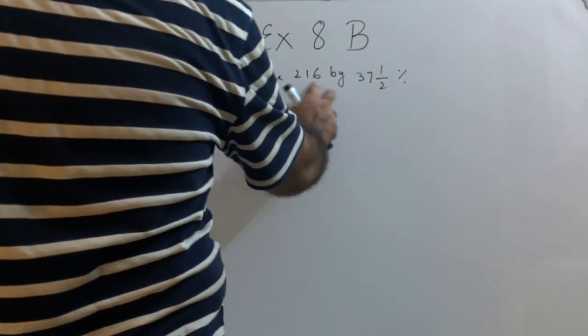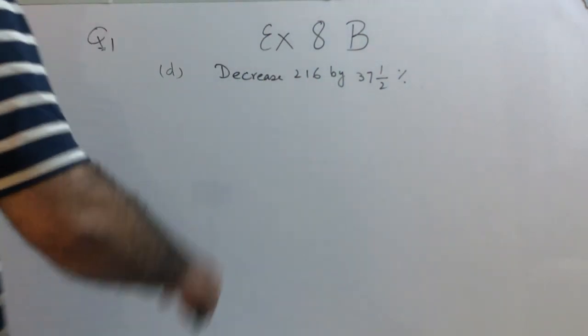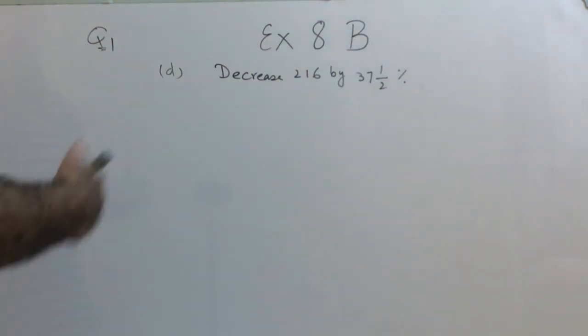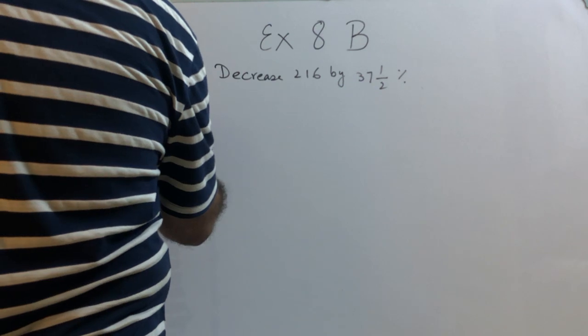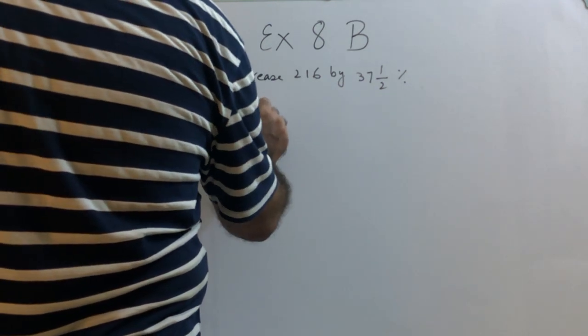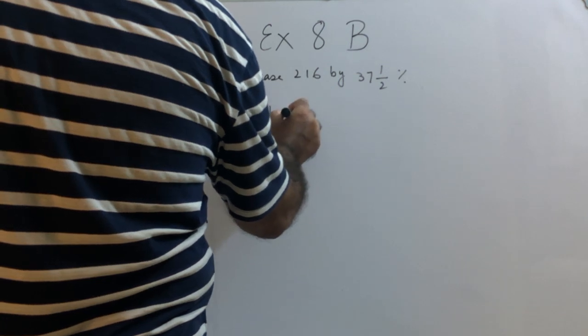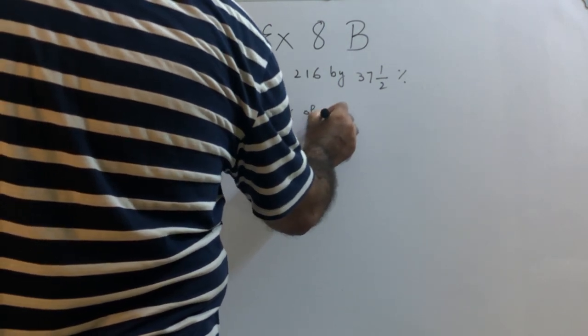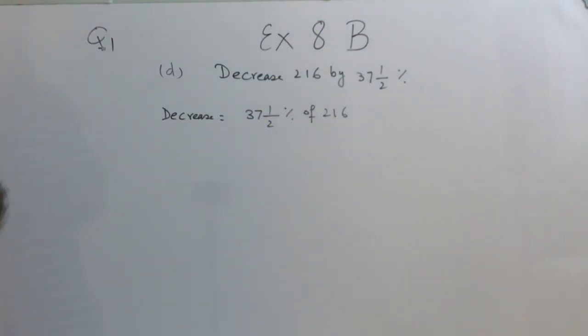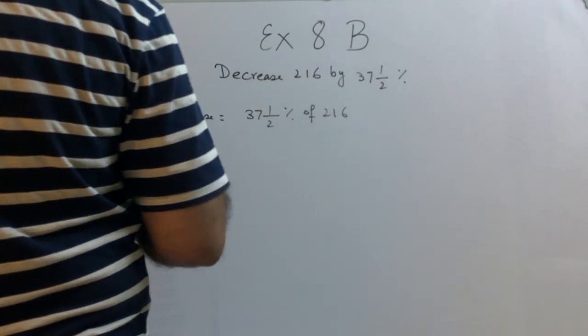We want to decrease this number, so the result will be lower. First we need to know how much to decrease. So the decrease will be 37.5% of 216. If you calculate this, this will be the decrease required in this number.